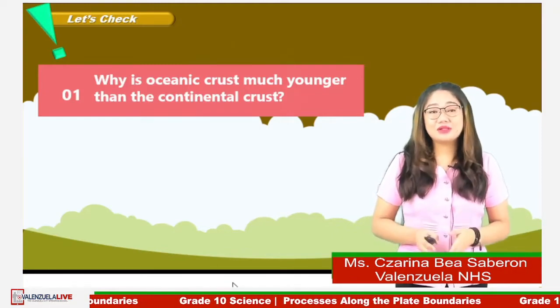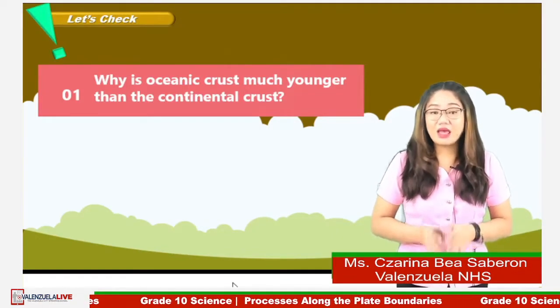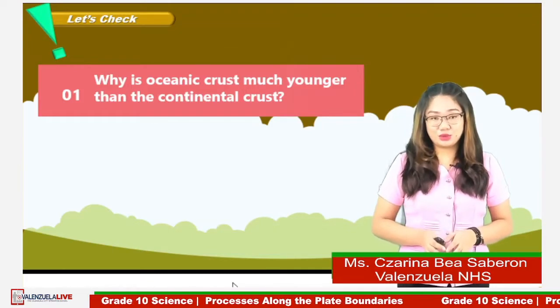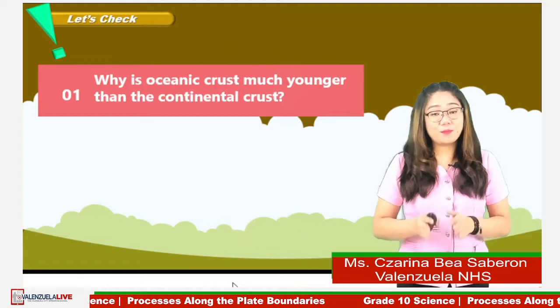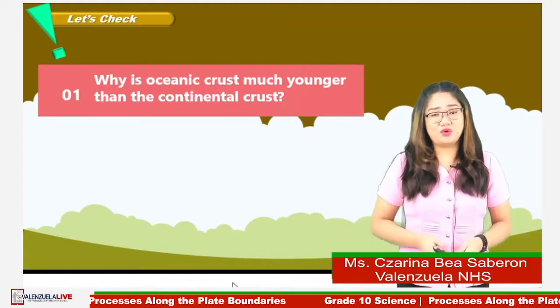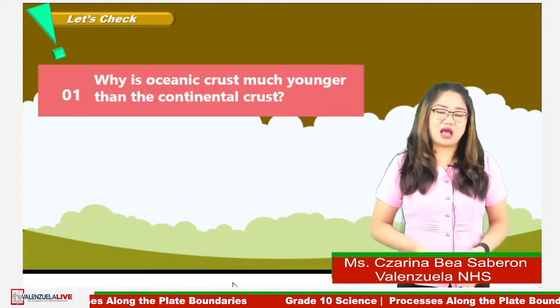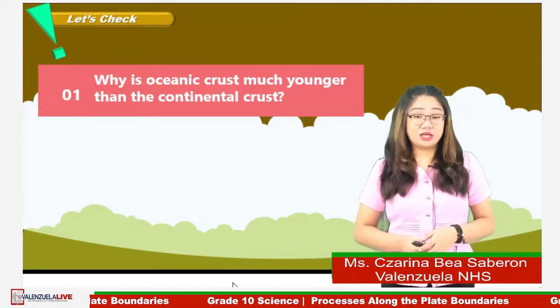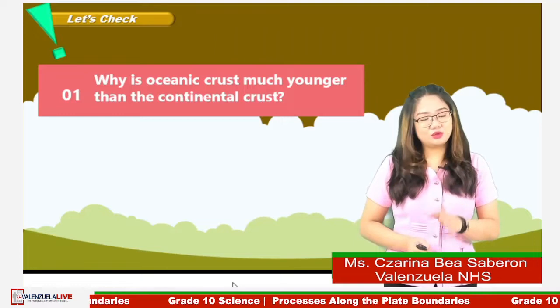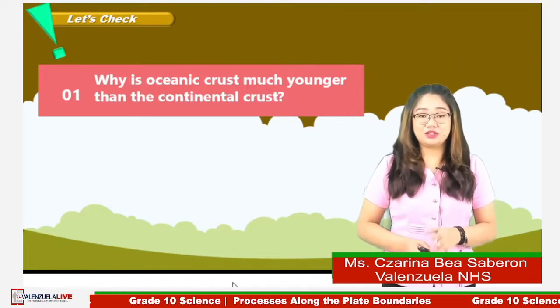Well, the oldest continental crust is 4 billion years old. And the Earth, take note, was formed 4.5 billion years ago. So just imagine how ancient the continents are. Whereas the oceanic crust is just 260 million years old.